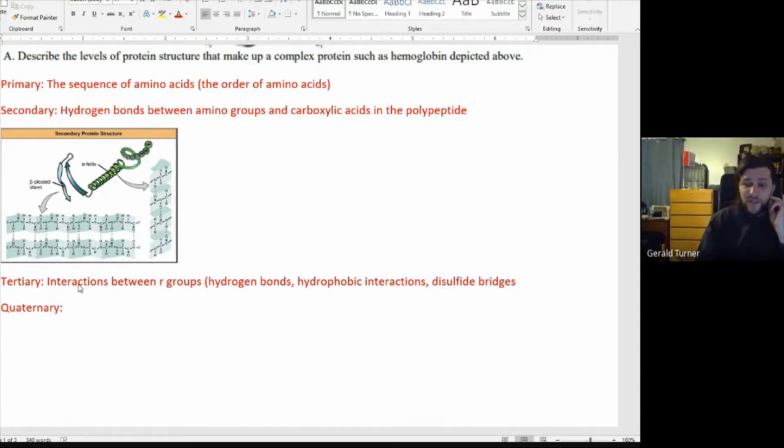So if you've got something that has a sulfur group in it, there might be bonding between those. And let's see, so we got hydrogen bonds, hydrophobic interactions, disulfide bridges, and there might also be covalent bonds that form between there. And then the quaternary structure, that is going to be where multiple polypeptide chains come together or interact.